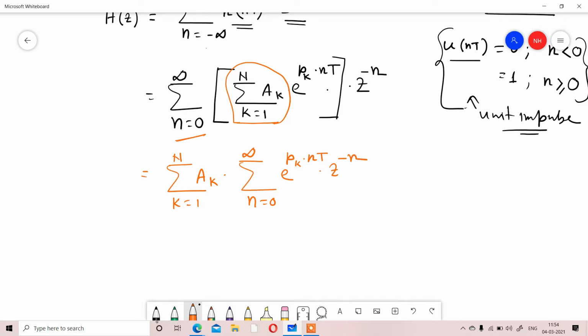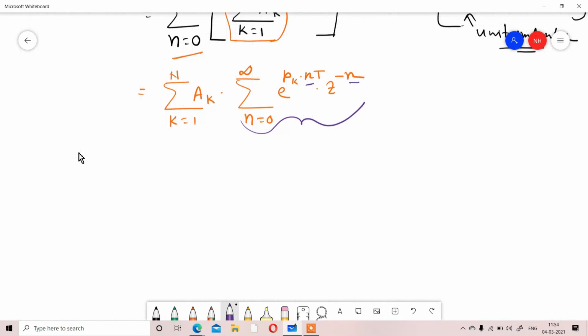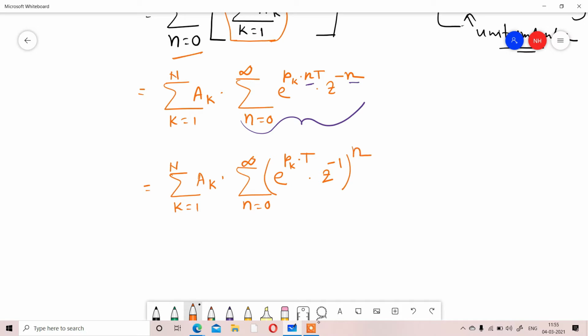So from here, simply if we take the n in the power common, we will get summation k equal to 1 to N ak, which will be as it is, and summation n equal to 0 to infinity of e to the power pk T multiplied by z to the power minus 1, all to the power n.